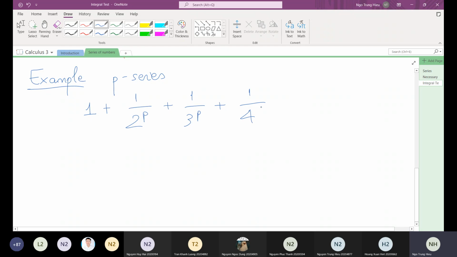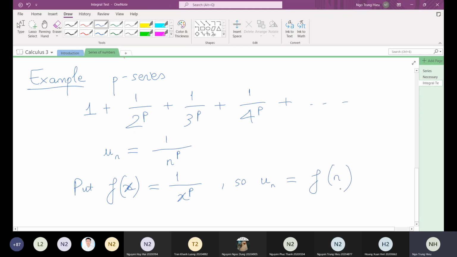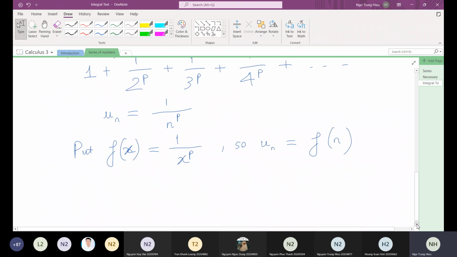In this p series, the individual terms u sub n equal 1 over n to the p. So you can put f of x equals 1 over x to the p, so u sub n will be equal to f of n. If the individual term is formed by a function, then you can use the integral test.